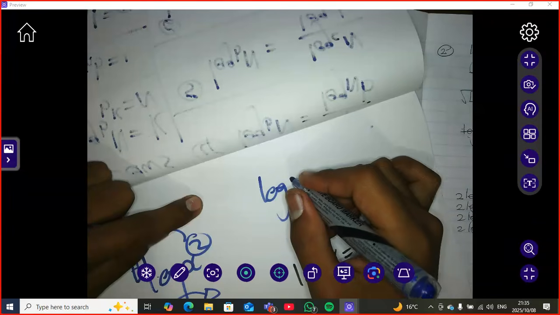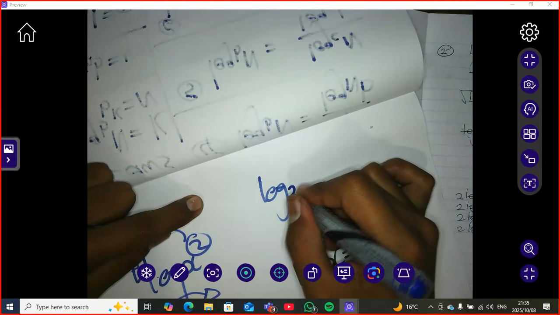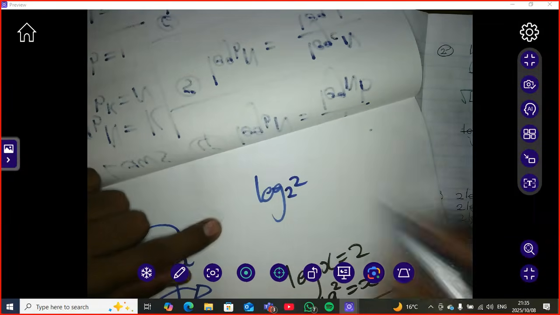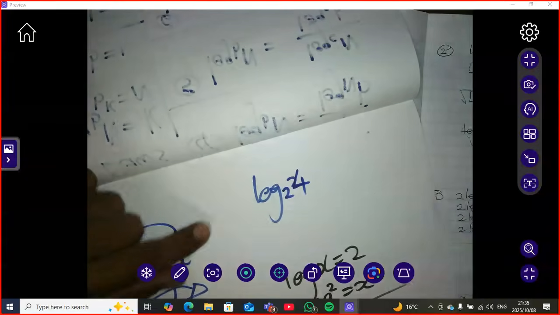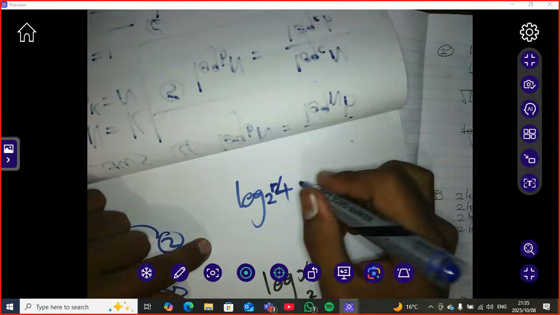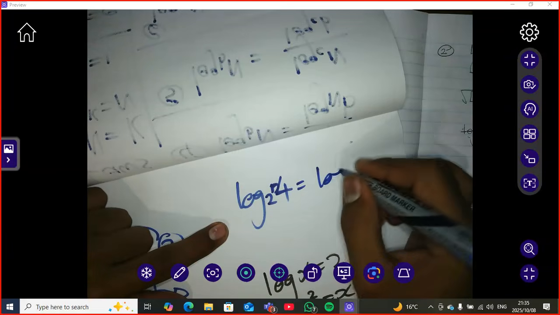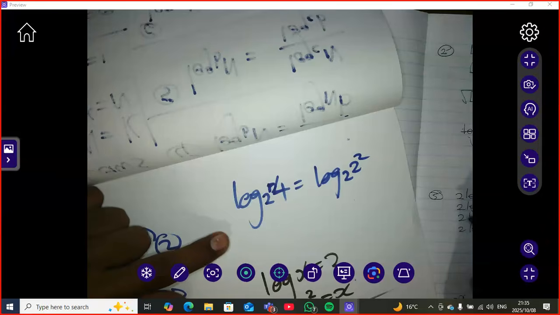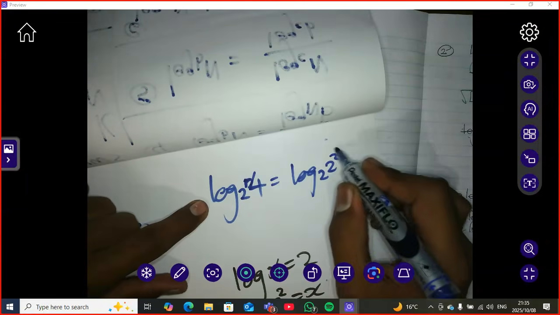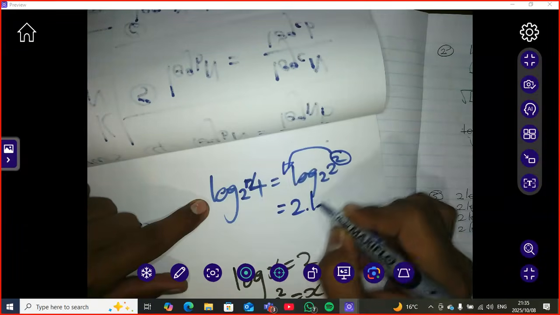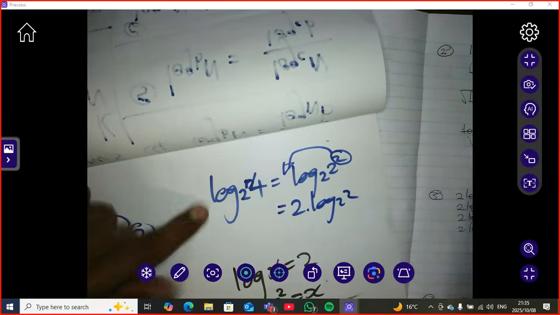Sometimes you can have a thing like this. Or no, let's do a four. Let's say it's like this. It's a four. Then this can also be written as two and two to the power of two. Then you must take this two to the front, and it's two times log two and two.